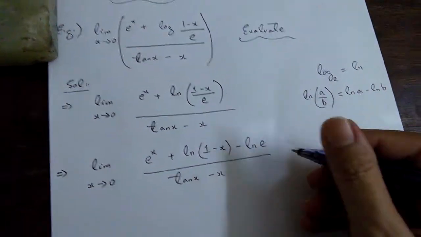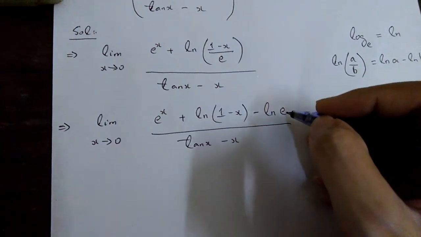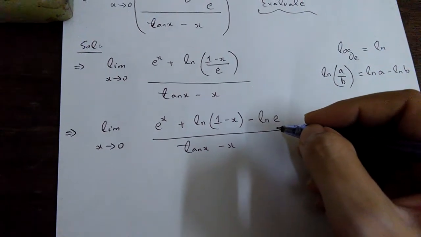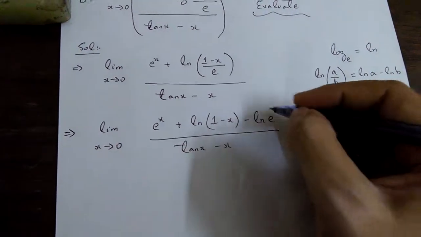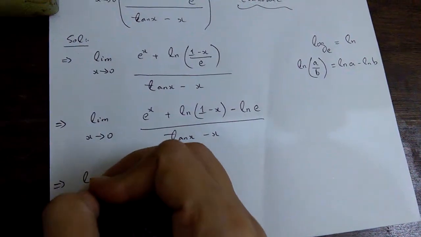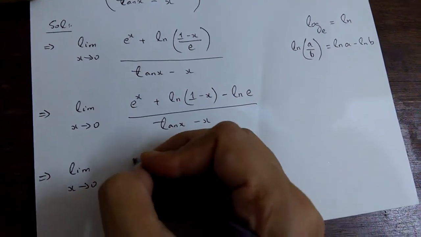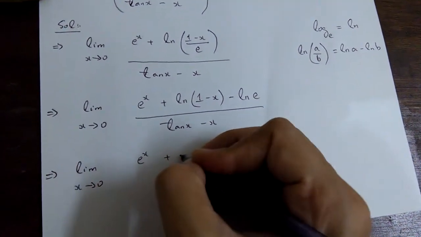Now you can use your scientific calculator. You know that ln of e is 1, so at this place you can write 1. You can observe here that I haven't applied the limit yet.